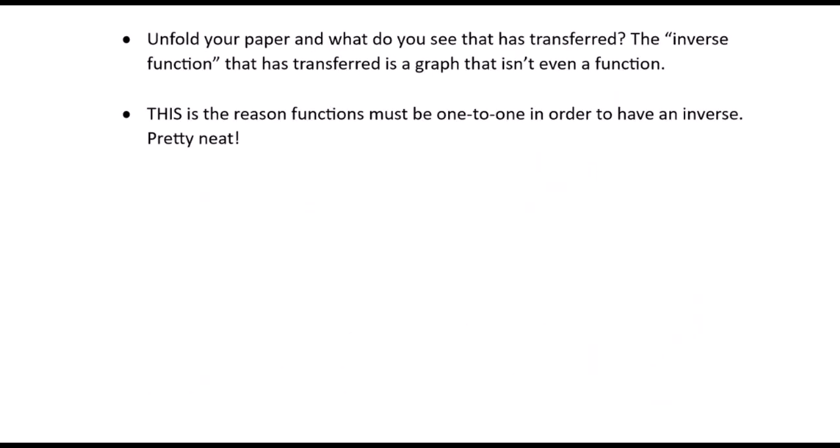Now unfold your paper, and what do you see that has transferred? The inverse function that has transferred is a graph that isn't even a function. This is the reason functions must be one-to-one in order to have an inverse. Pretty neat.